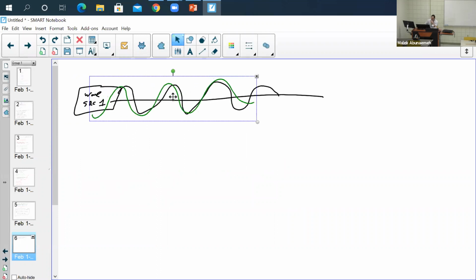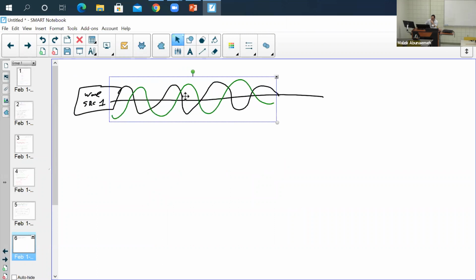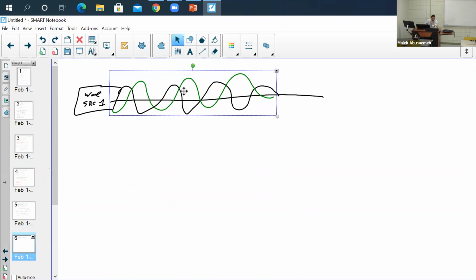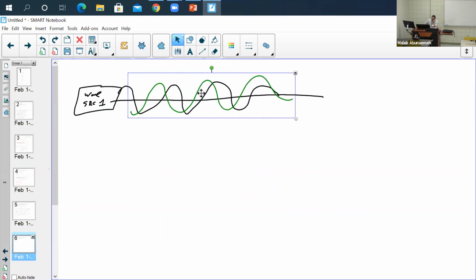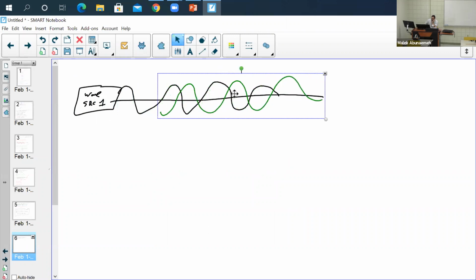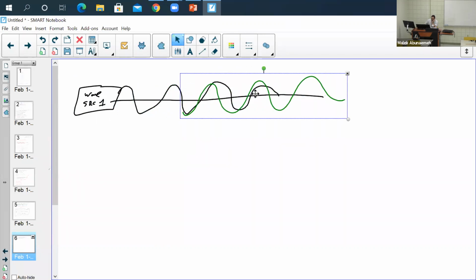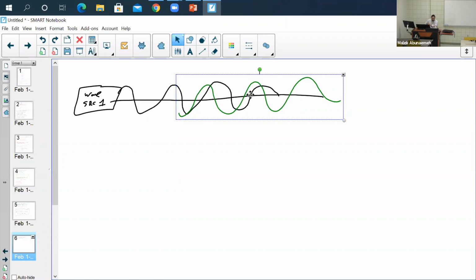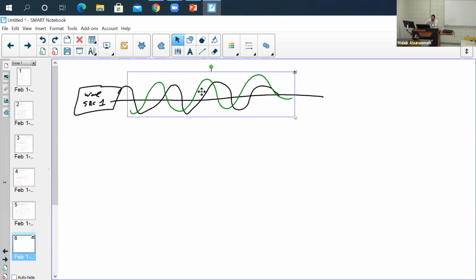So let's say you start this one out of phase. So you start like this. If you move half a wavelength, they become in phase. If you have another half wavelength, they become out of phase. Another half wavelength, they become in phase. So basically, if you start out of phase, it's the opposite of when you have two sources starting in phase.